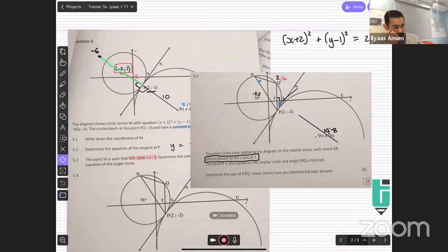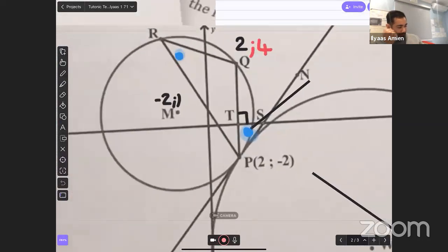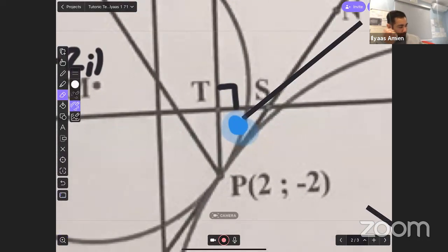Okay. So can we work out this? Can you work out this angle here? Yes, you can use the. We want to work out this angle, just to make it easier for ourselves. Can we work out that angle?